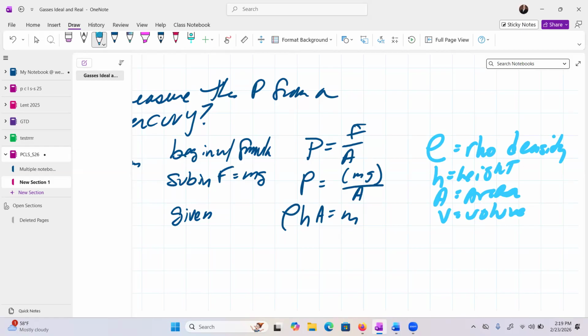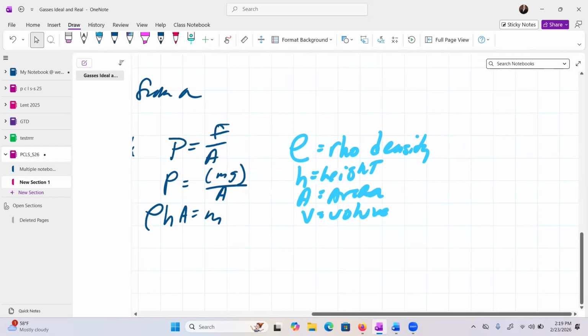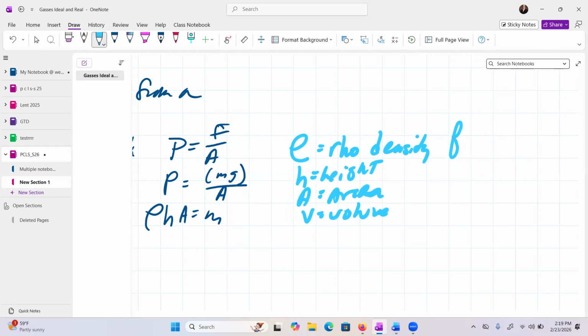Now, let us also do a little calculation over here about what I have just done. Look at this equation here: rho H A equals M. I'm going to do some unit analysis. Rho is the density, that's mass per unit volume.